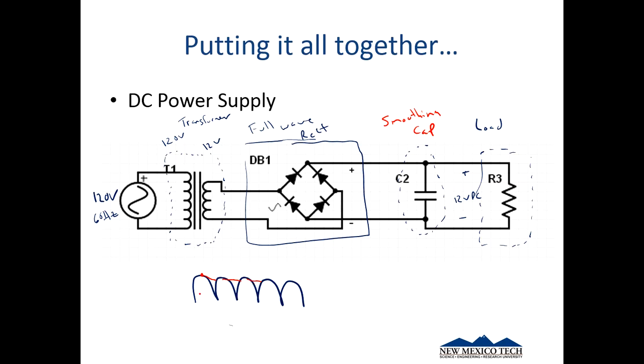We're basically charging on this part of each of these, and then discharging on this part of the wave. Anyway, the bottom line is we end up with this wave that instead of having this pulse train, we end up with something that looks more like this, and that little voltage is called the ripple voltage, and we want it to be as little as we can, but still practical.